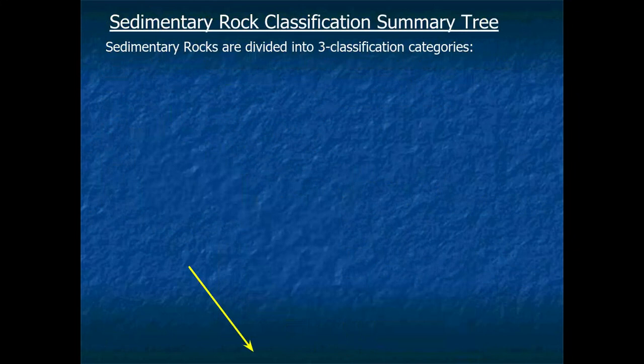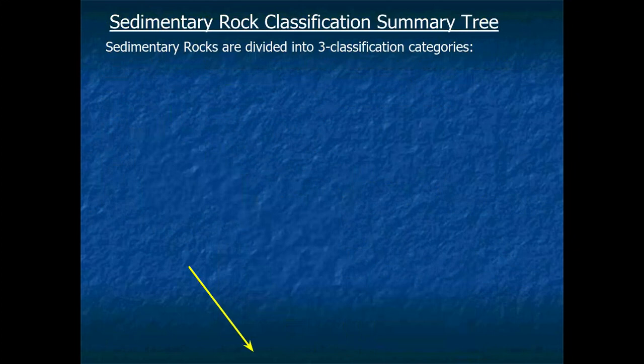This last slide for part 2, in terms of looking at sedimentary rocks, is a sedimentary rock classification summary tree. In the last 8-9 slides, I've given you a lot of information about sedimentary rocks. Folks can spend an entire career taking geology courses and becoming a sedimentologist and just be looking at what we did in 9 slides.